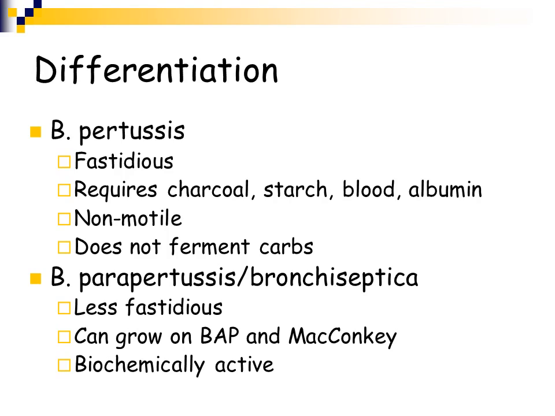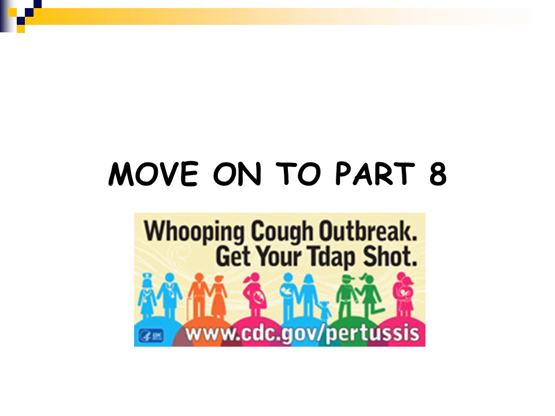These organisms can grow on 5% sheep blood agar plates as well as MacConkey agar, whereas Bordetella pertussis cannot. And Bordetella parapertussis and bronchiseptica are biochemically active, so you can do numerous types of biochemical tests, such as fermentation tests, to differentiate these two organisms.